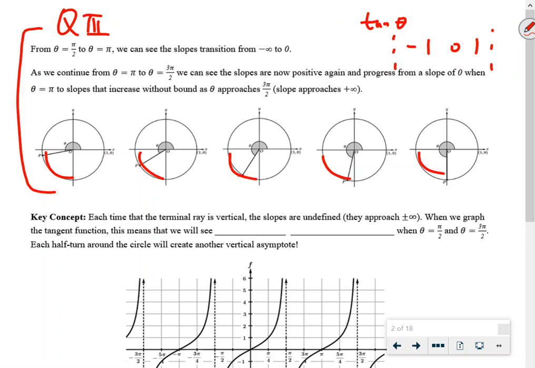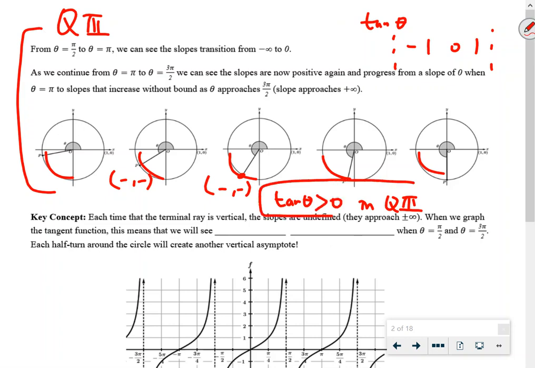But when you're in the third quadrant, cosine and sine are both negative. So when I ask you to do tangent theta in quadrant 3, you will see negative divided by negative, which gives you positive. So tangent theta is greater than 0 in quadrant 3.